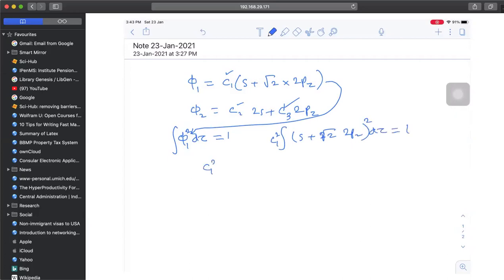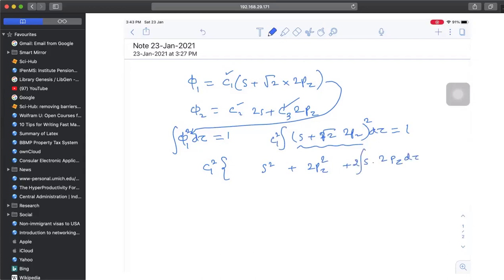If you square this, you get the integral of 2s squared, then 2 times the integral of 2pz squared, plus the integral of 2s times 2pz times 2 root 2.